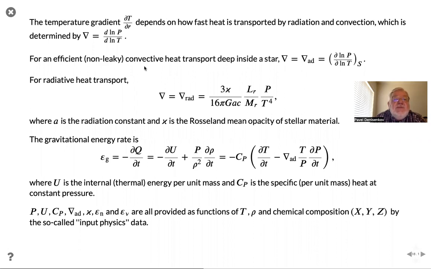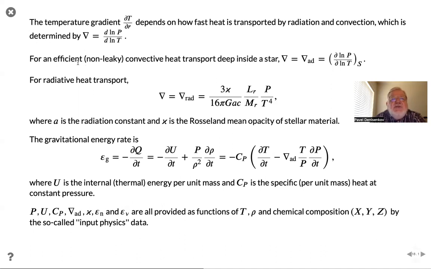If convection is efficient, in other words, non-leaky, which means that when a convective fluid element is transported readily, it doesn't lose heat from its surface. For this, of course, material should be radiatively opaque, and this is true for deep interiors of the star, except subsurface layers.